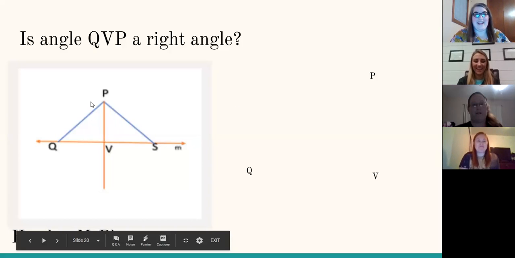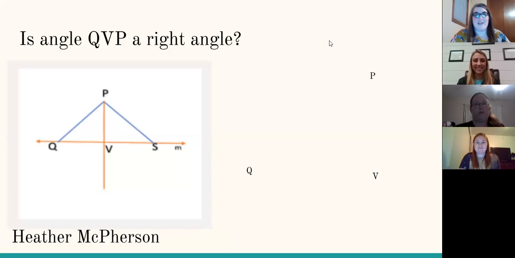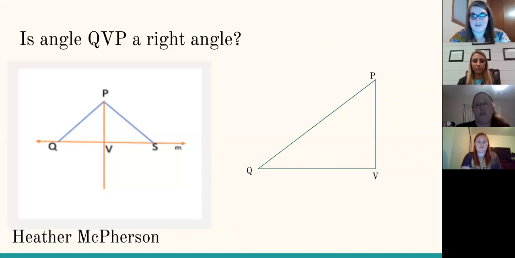Hey, Heather, is angle QVP a right angle? That's a good question. When you look at this triangle, you see that the triangle QPV is actually a right triangle, and you can see that with the square to show that it is a right angle. Then you have your other triangle that is connected to it.